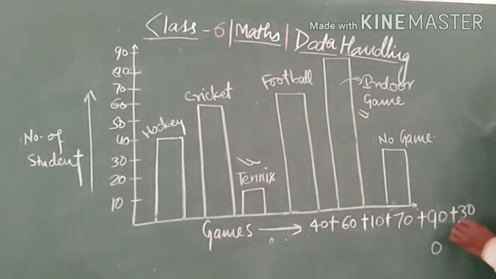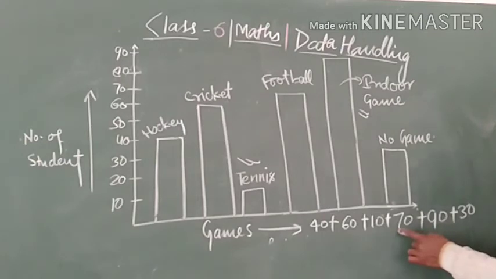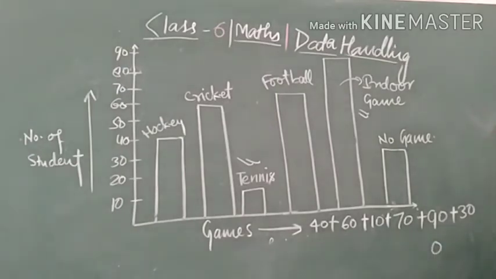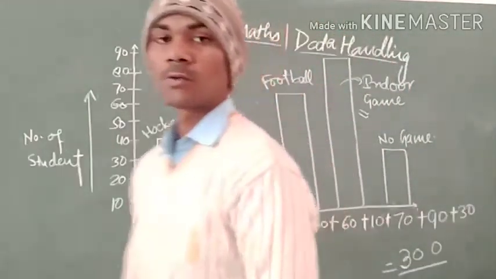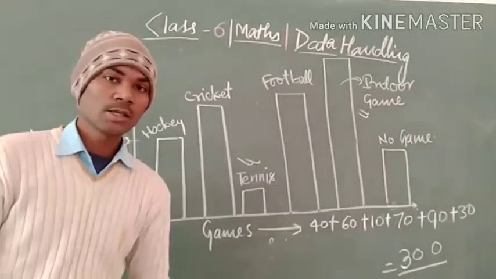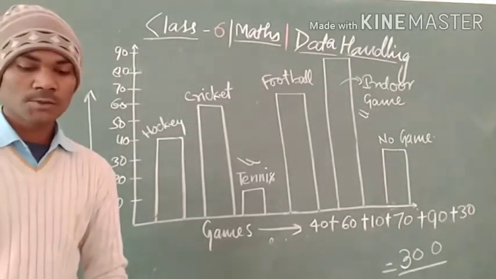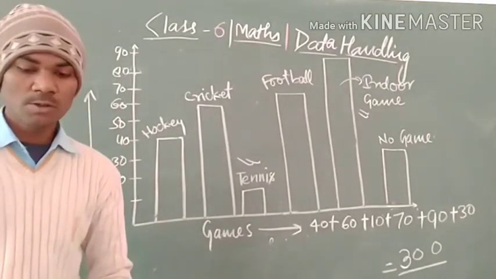So 0, 3 plus 9 is 12, 12 plus 7 is 19, 19 plus 1 is 20, 20 plus 6 is 26, 26 plus 4, that is the 30. So there are total 300 students in the school. In this way we can solve the problem.